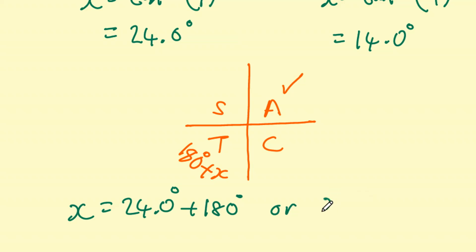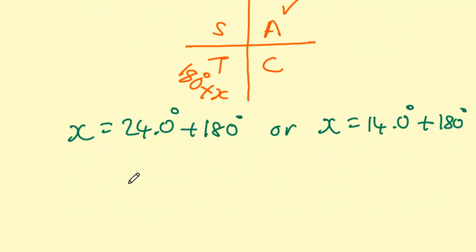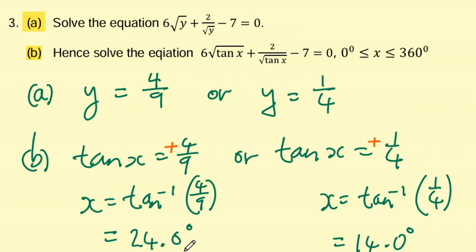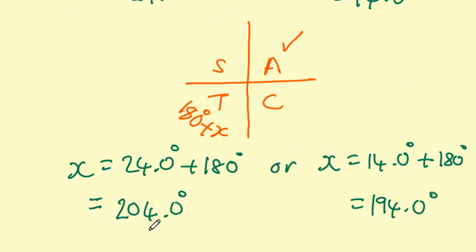And it will also equal 14.0 degrees plus 180 degrees. So we can do this on a calculator. Well, this one is going to be 204.0 degrees. And this one is going to be 194.0 degrees. So then we have four solutions. We said 24.0, 14.0, and also 204.0 and 194.0 degrees.